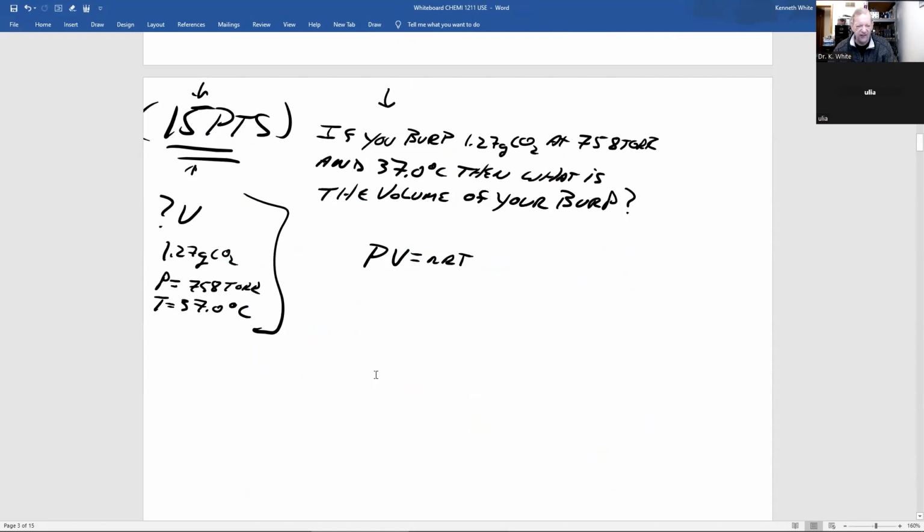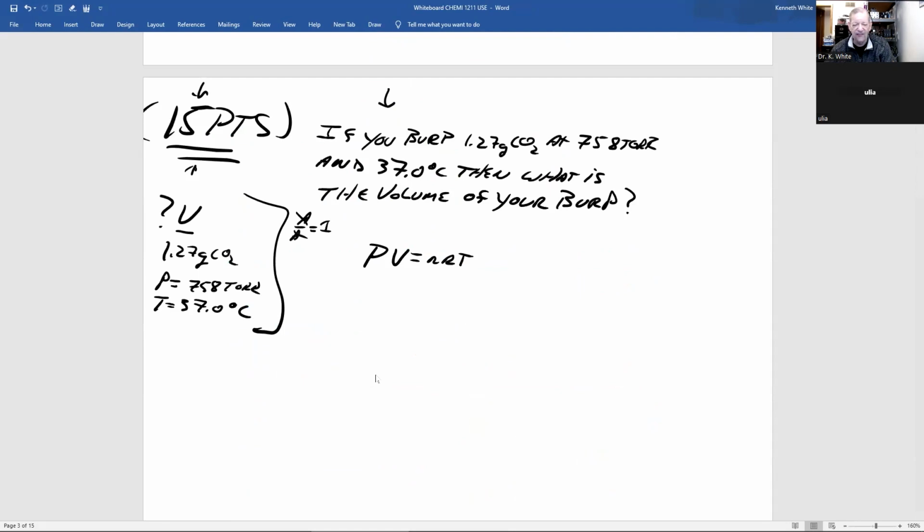Now, the first thing is we want to solve for volume. What does that mean? You get that alone on one side. How do I do that? Well, anything divided by itself equals the number 1, cancels out.